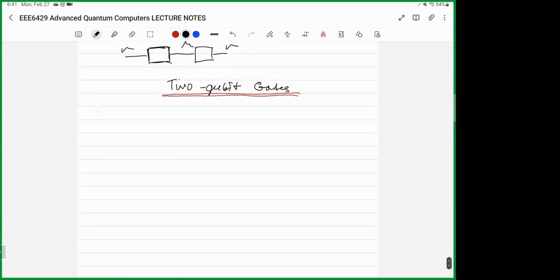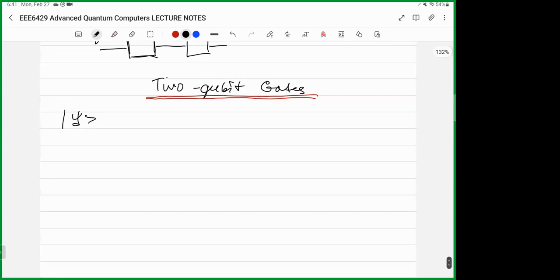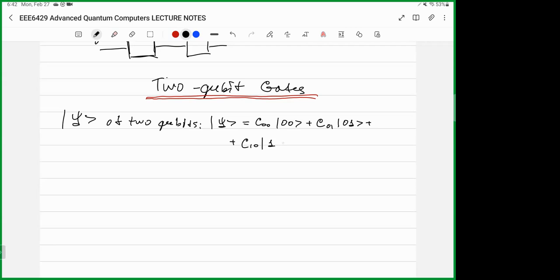So the most general psi vector of 2 qubits will be an expression like this: C00 state 00, then C01 state 01, plus C10 state 10, and finally the coefficient C11 state 11.